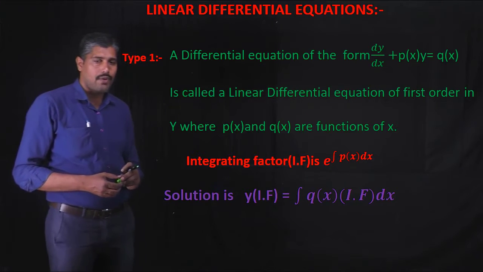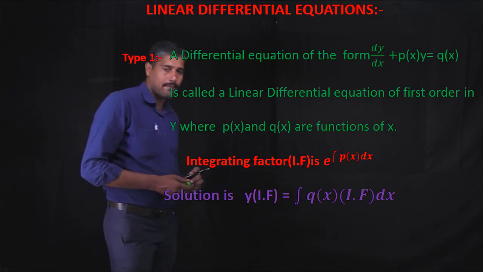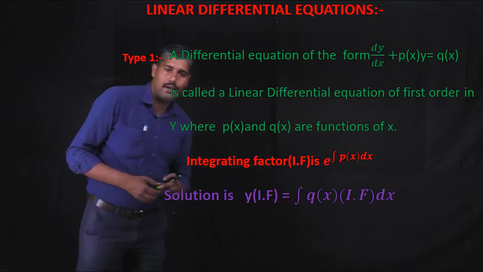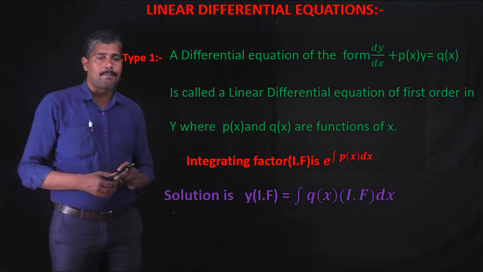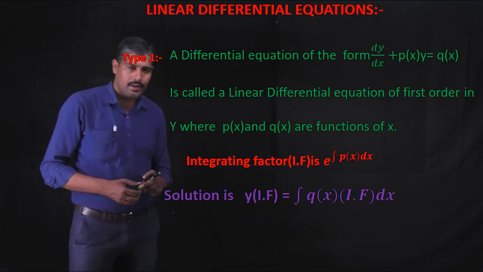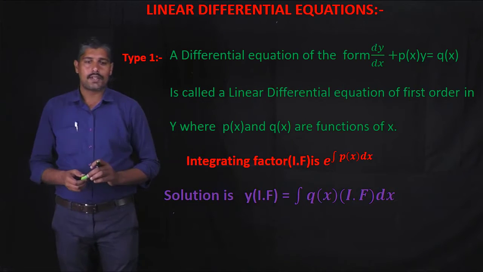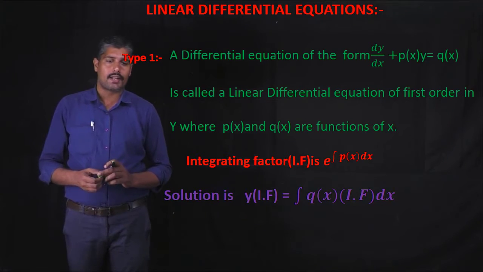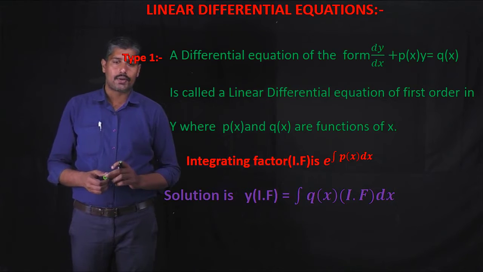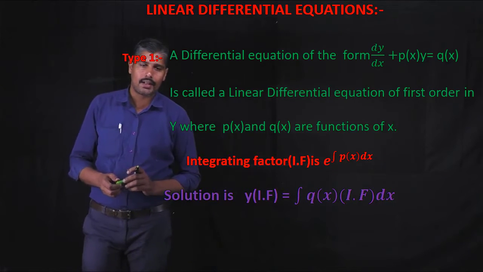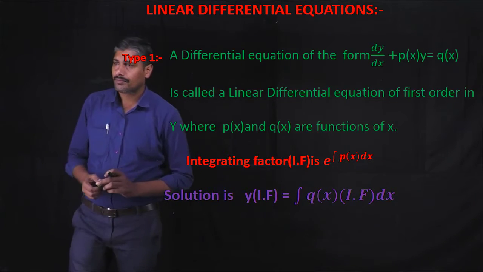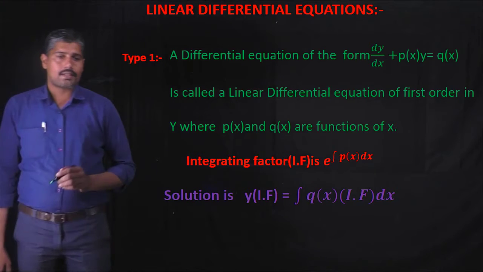How to solve this one? First we find the integrating factor, that is IF equal to e power integral p of x dx. Then the solution is y into integrating factor equal to integral q of x into integrating factor dx. There are two cases.